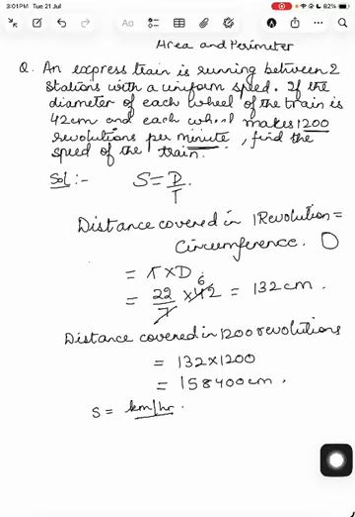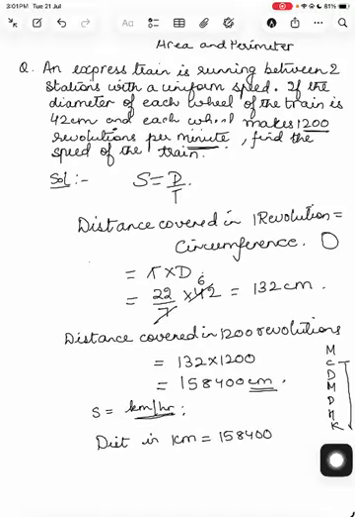Now this distance is in centimeter and speed is generally in kilometer per hour or meter per second. So we will find it in kilometer per hour. We will change the distance centimeter into kilometer. That is 158400. Now we will see how to change it. Milli, centi, deci, deca, hecto, kilometer. This is centimeter.